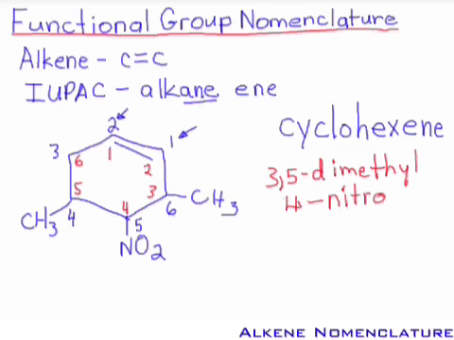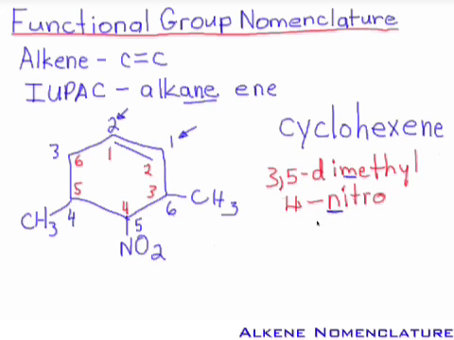So what is the name of this molecule? Well, we have to use alphabetical naming for the substituents, and di is not used, so I use the M of methyl and the N of nitro.